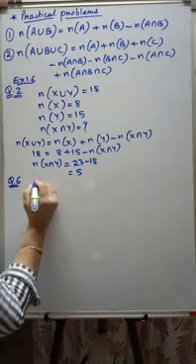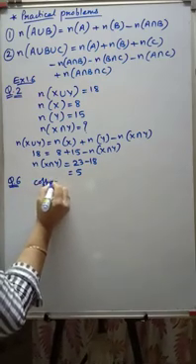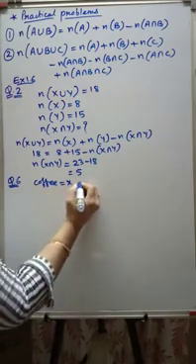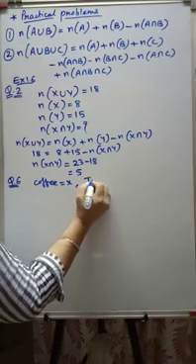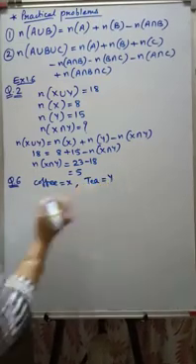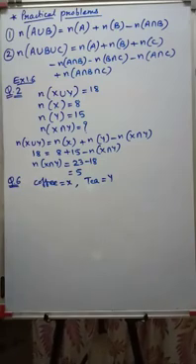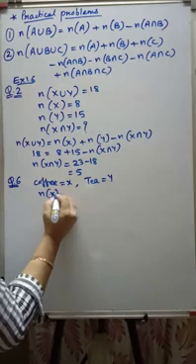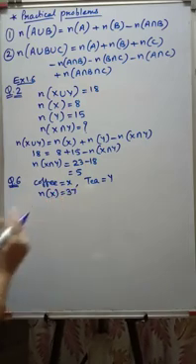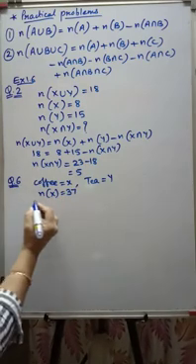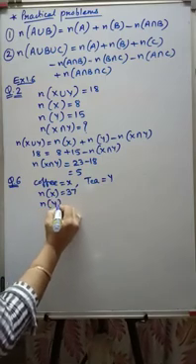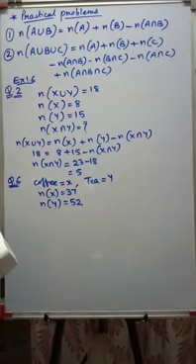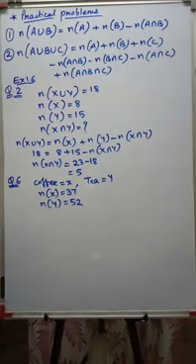So let coffee be X and let tea be Y. 37 like coffee, so n of X is equal to 37. Then 52 like tea, n of Y is equal to 52.